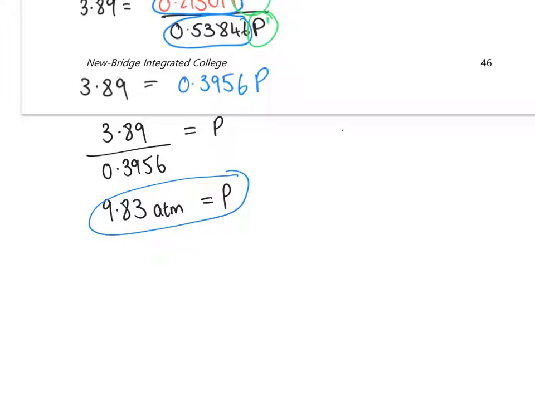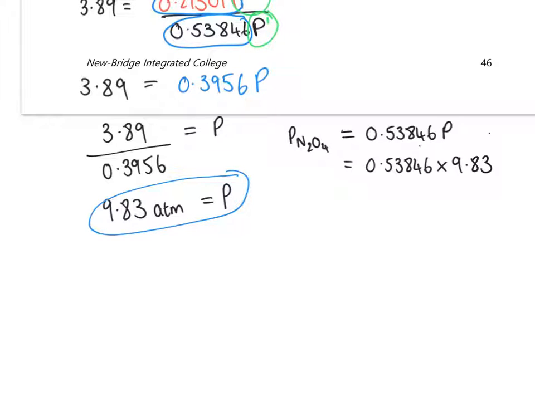But you'll notice that the question asks you for the partial pressure of your two substances in the equation. So firstly, the partial pressure of dinitrogen tetroxide. At equilibrium, we said that was equal to 0.53846 P. And we sub in the value that we've just worked out for P. So it's 0.53846 times 9.83296.